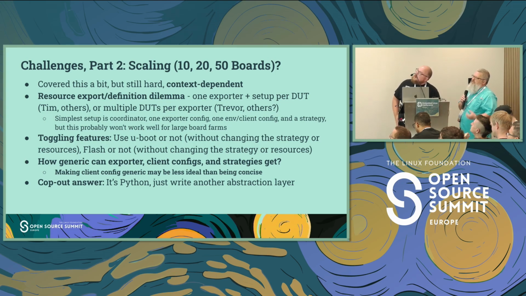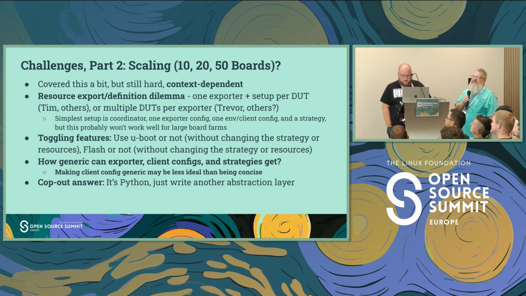So as we really start going to what some of you probably care about, right? It's like big labs, lots and lots of devices, your entire product line being tested. It's really context dependent exactly what that is, but we have this resource exporter definition dilemma. Like, how are you going to do all of this? So one way you can do it is one exporter and one setup per DUT. So that's my model.